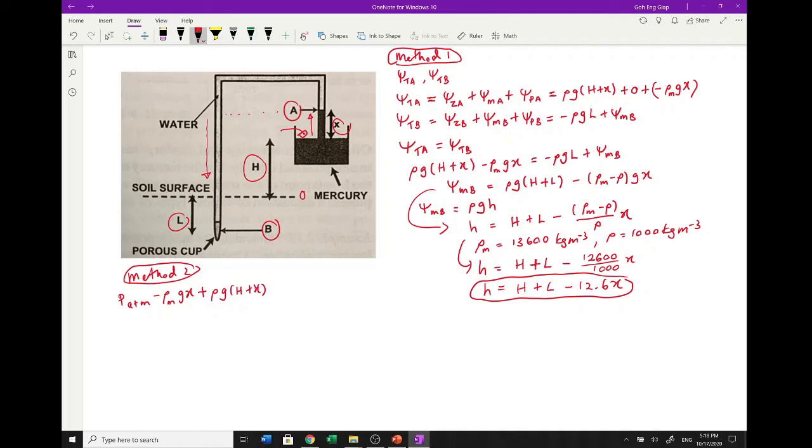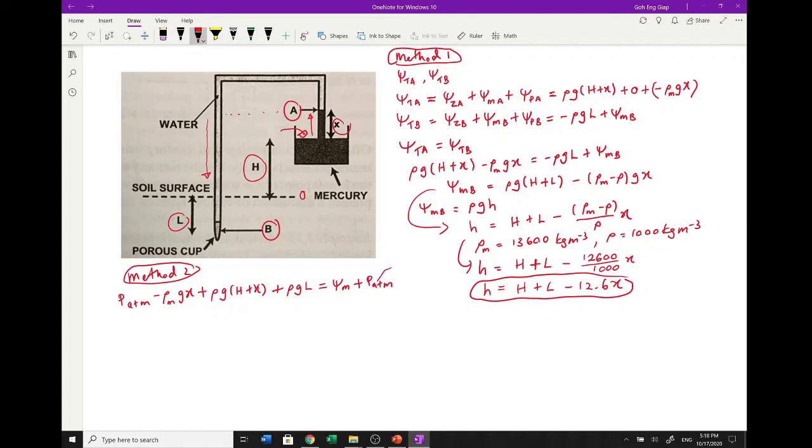And also include the L distance until we meet the porous cap, so it's rho g L, plus, and then it will be equal to the matric suction potential.